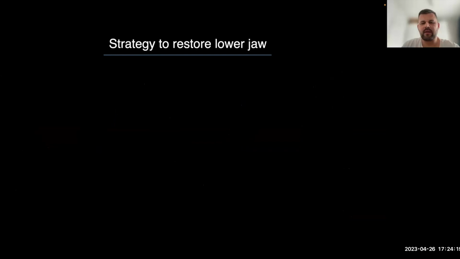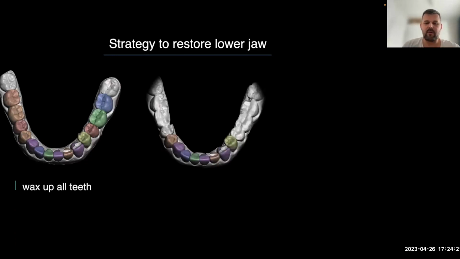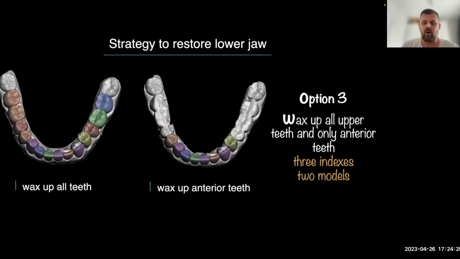But for me, the best choice in this situation is the wax up of all teeth and the wax up only for the anterior section of the lower arch or lower jaw. Because when you restore from the first premolar or maybe from canine to canine, it's easy to manage the tongue and the saliva.